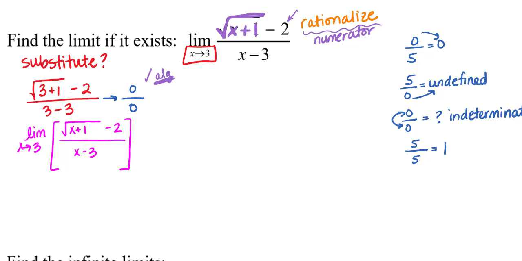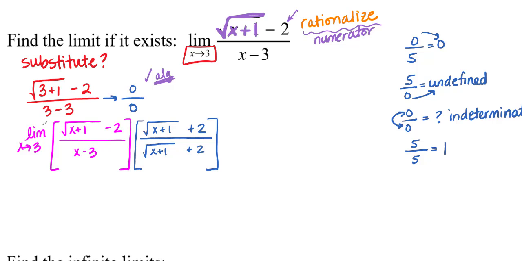And I'm going to physically multiply this by the conjugate of the numerator, so the square root plus 2 over itself. Again, if I multiply by the same factor over itself, I'm really in essence multiplying by 1. I'm not necessarily changing its value, I'm just changing the way that it appears.